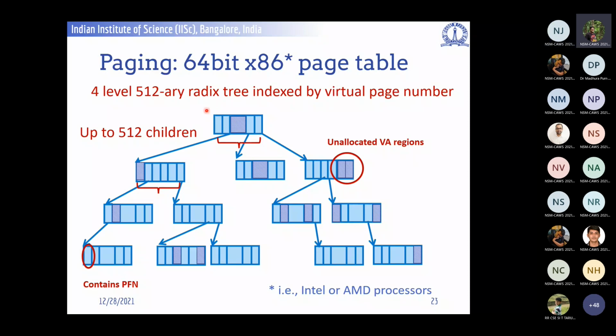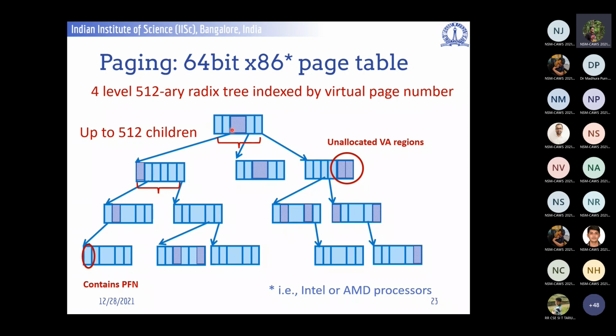Okay, so we talked about this 48-bit virtual address space. That is around 256 terabytes. What you would do at the top level is that the top level node will effectively map this entire 256 terabyte, but it will have up to 512 children.